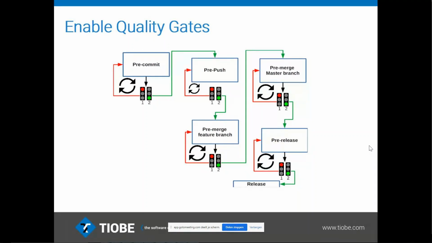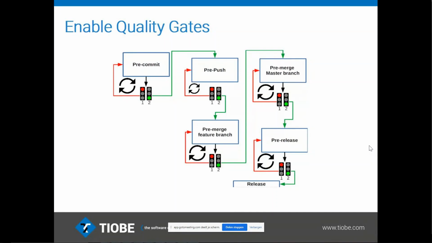Even after release, you can have some quality gates, before you actually deliver an update. It could be a trigger for being forced to deliver an update of your software. So there are all phases in your system where you can put these.